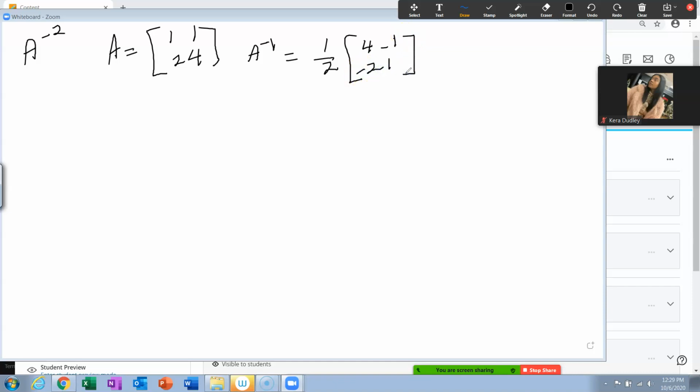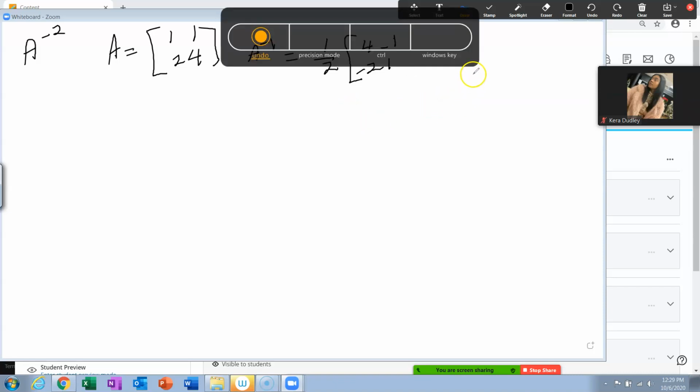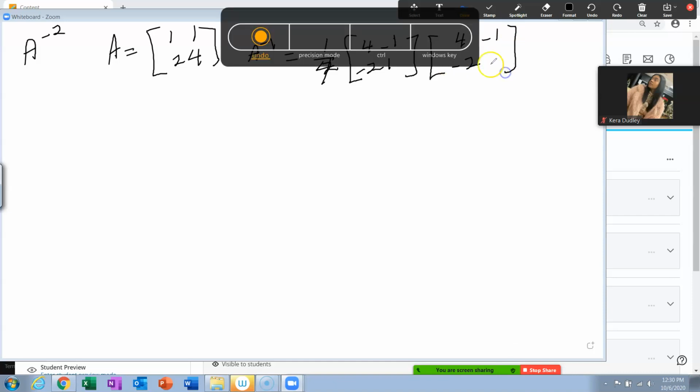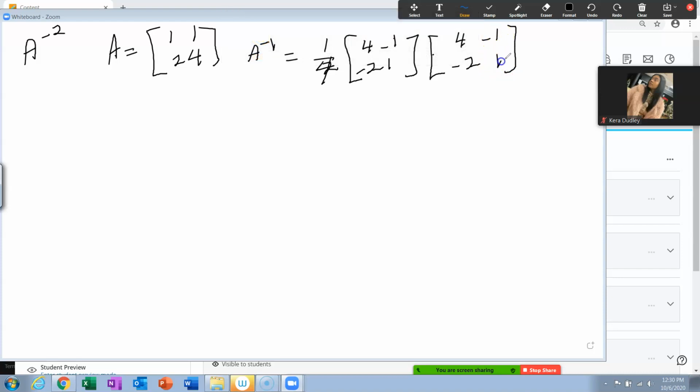Okay, now we're going to take that and multiply it by itself. So that would be multiplying by another 1/2, which is basically going to make that a 1/4. And then we'll multiply that by 4, negative 1, negative 2, 1. So this will be this thing squared.